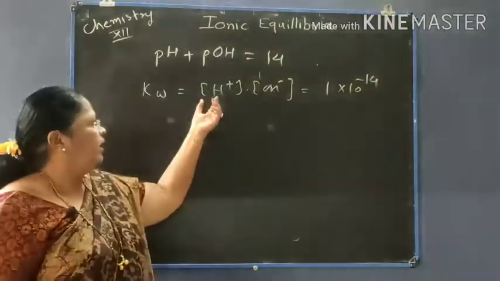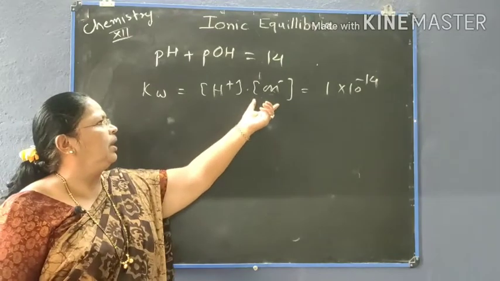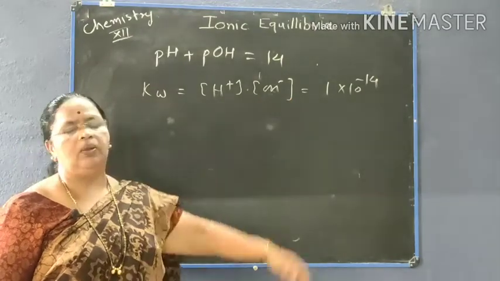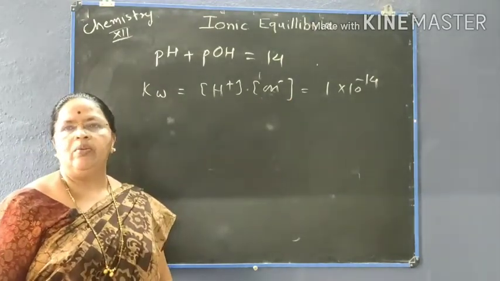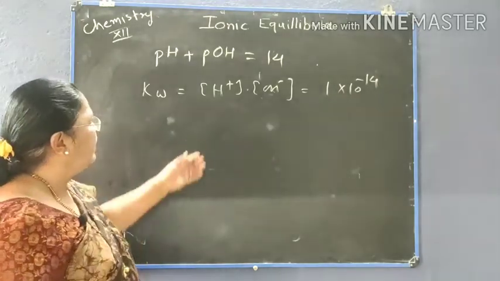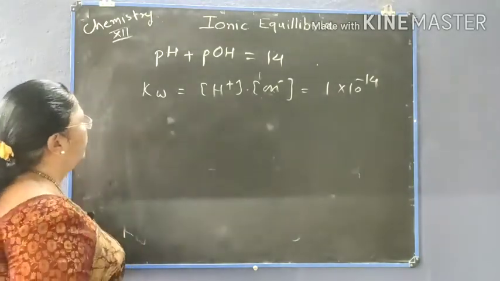So the concentration of H plus ions into the concentration of OH minus ions is equal to 1 into 10 raised to minus 14. We will consider this equation here.